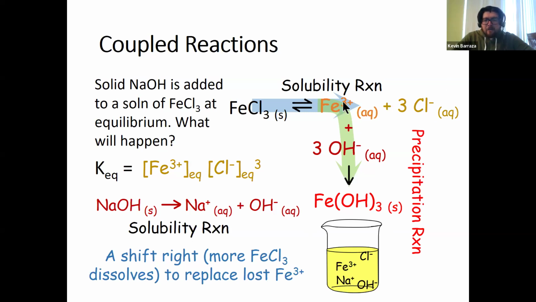If my precipitation reaction goes forward, it will mess up my solubility and my FeCl3 will dissolve more to compensate for that. And we might see something like that in our experiment 1. So thinking about how adding things that seemingly don't take part in the equilibrium, they actually do matter.